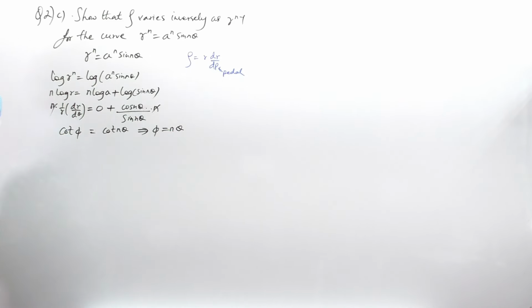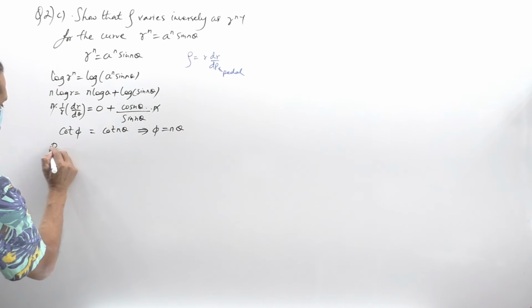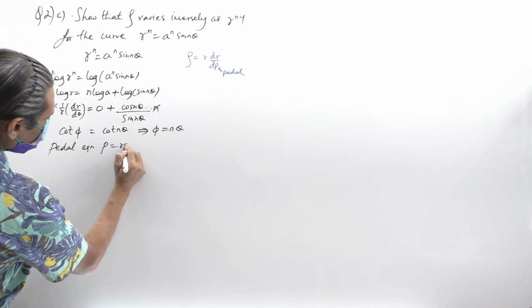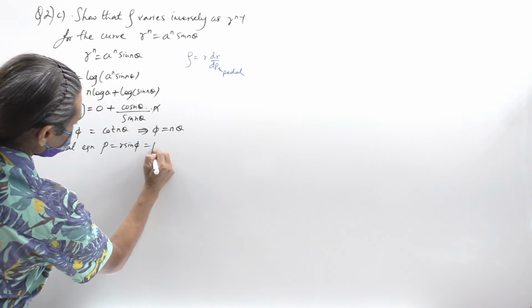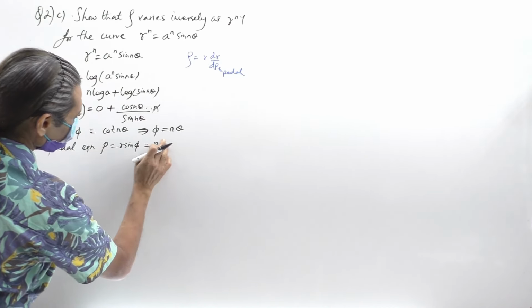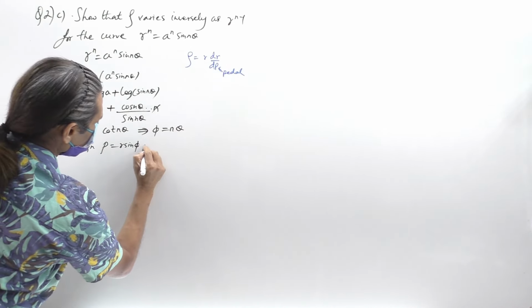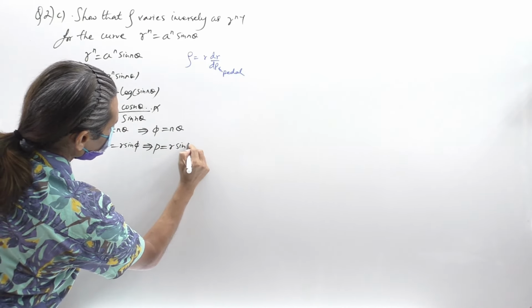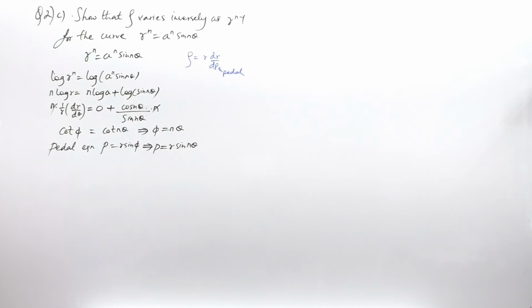So this phi is nothing but the angle between the radius vector and tangent. Now the pedal equation is given by p is equal to r sin phi. That implies p is equal to r sin n theta, correct.